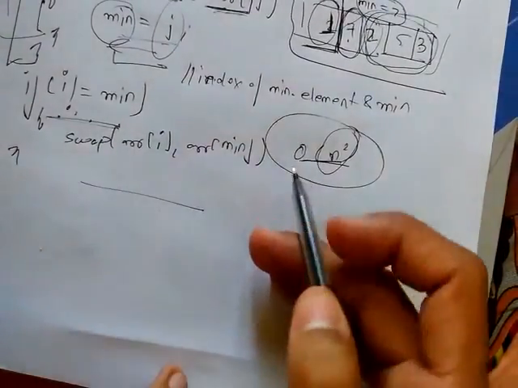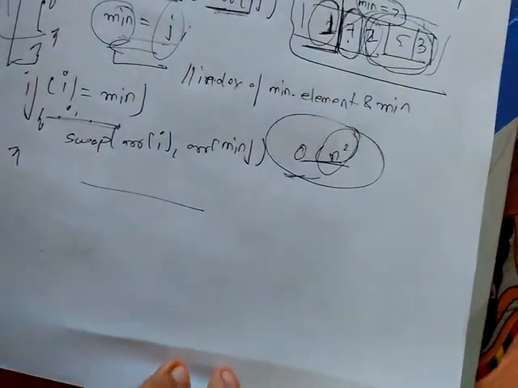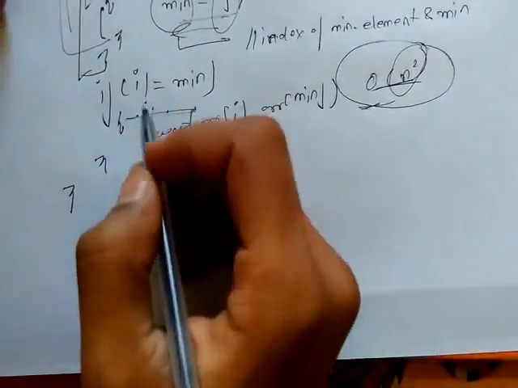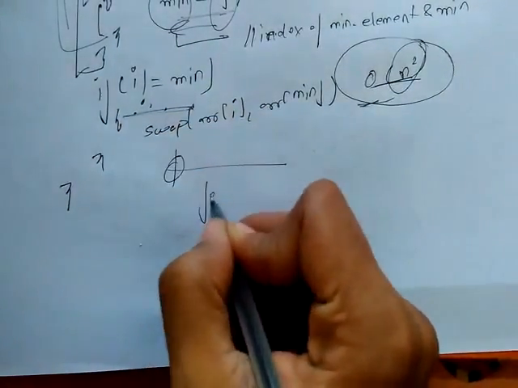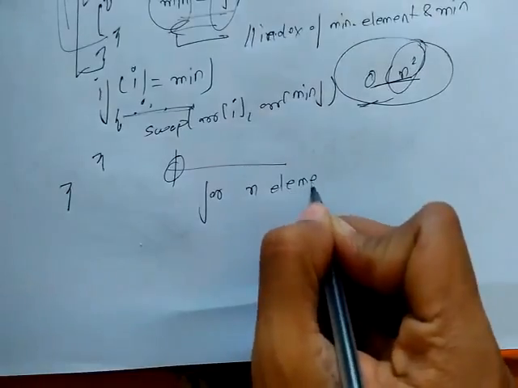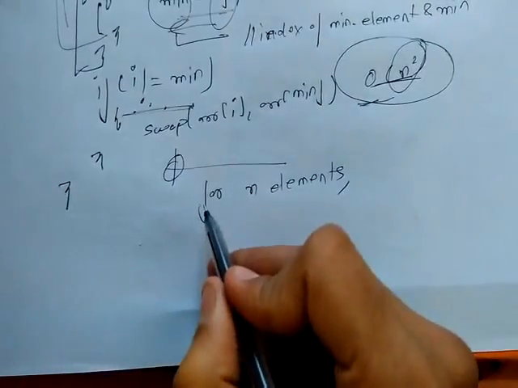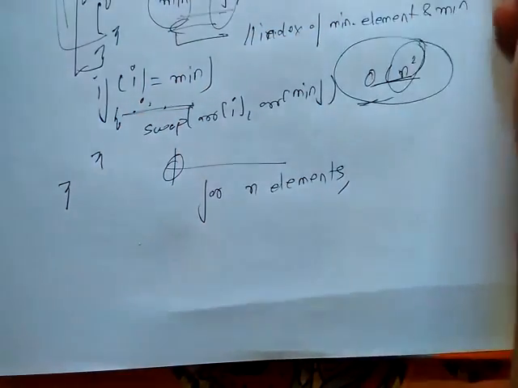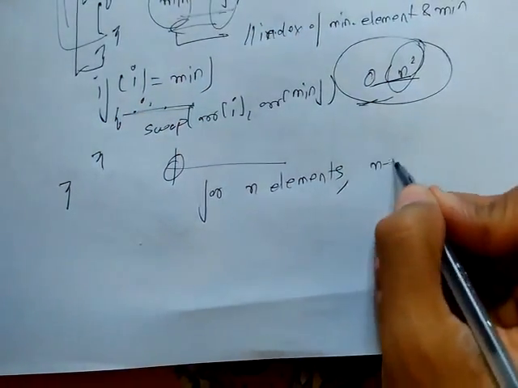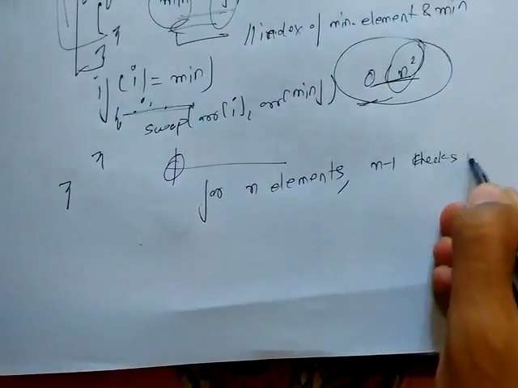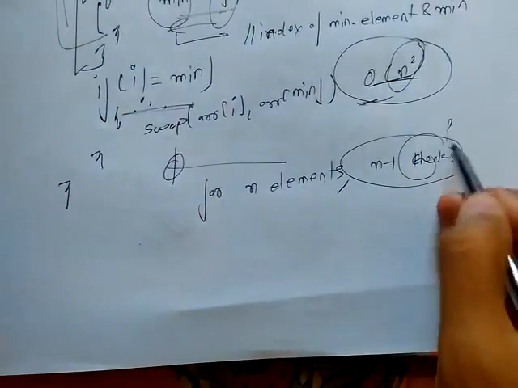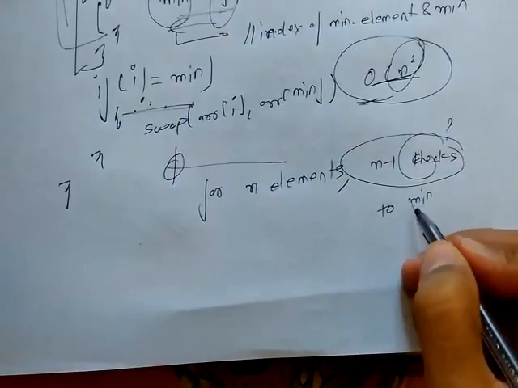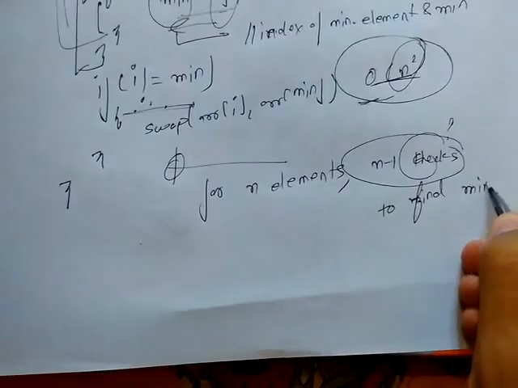And how do we reach this decision? Now let me make this clear to you. For n elements, n minus 1 checks are done. And what checks are these? That is to find the minimum.